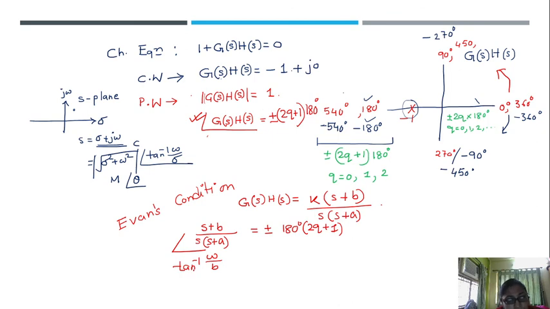For s it will be minus 90 degrees, and for the last term it will be tan inverse of omega by a. This should satisfy 180 degrees into (2q plus 1). This is basically the angle criteria that we have to fulfill for the root locus.